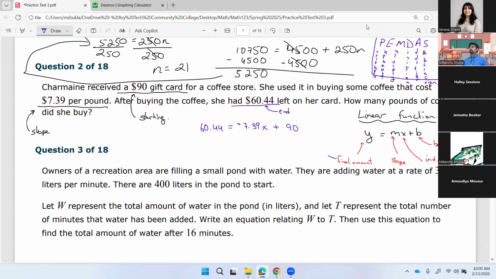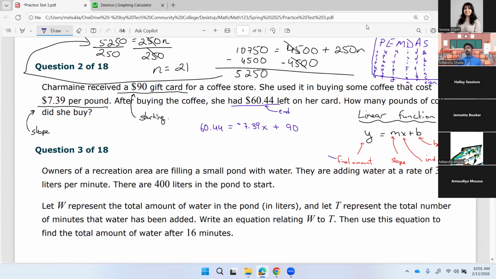Would it be the $50.44 from $90? No. So I'm asking, is the equation showing us to subtract anything right now? It's not showing that to us, right?